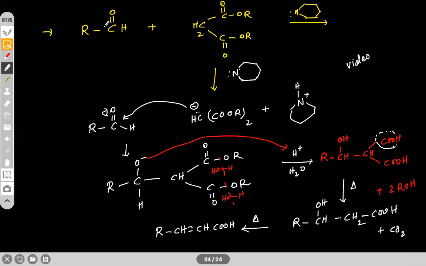Okay, so if this R is phenyl, if you are taking benzaldehyde, then this group is again cinnamic acid we get here. So this is the Knoevenagel reaction, reaction of aldehyde with active methylene group.